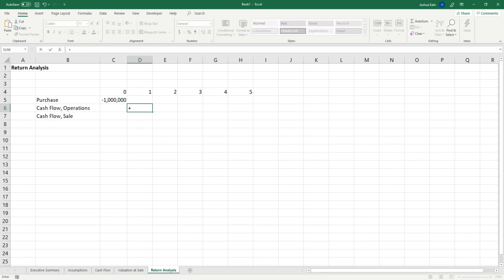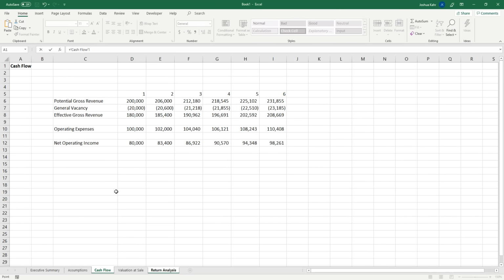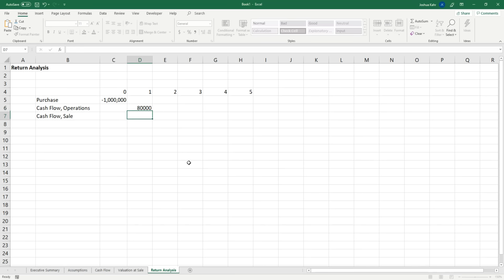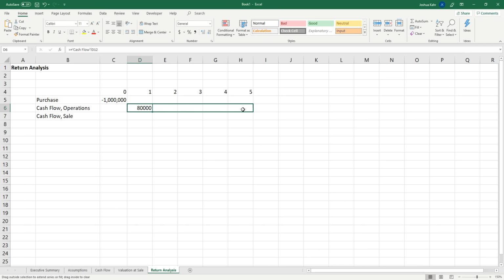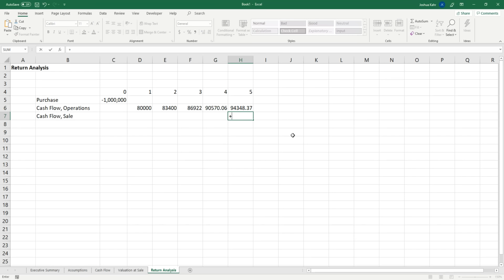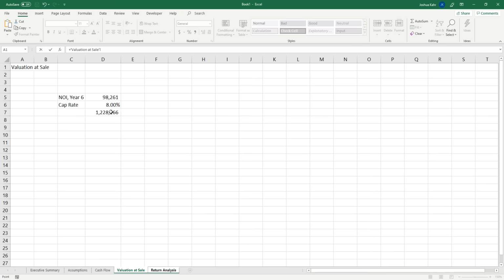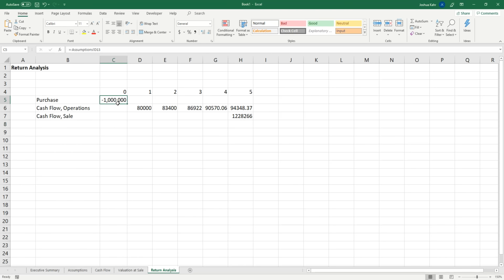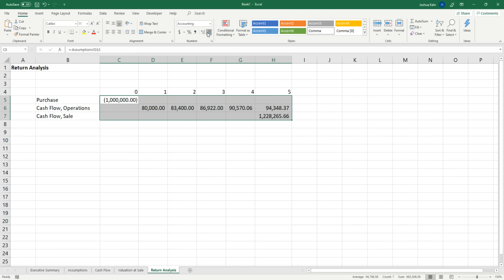The cash flow from operations, otherwise known as the NOI, is 80, dragging my way across. At sale, year 5 and sale happen at the same time. So the sale and the operations will just have both in year 5. Later, when I do monthly cash flows, we can play with it. I'll make that the sale price right there. I'll format that nice and clean.